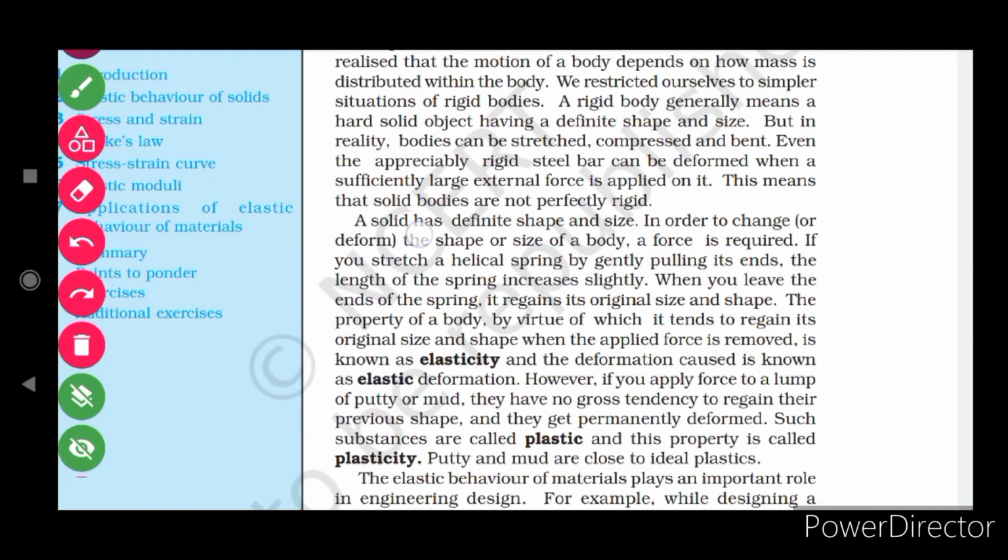Similarly, for solid bodies, not all solid bodies but certain solid bodies, when we apply deforming force to them, after the deforming force is removed, they come back to their original position. This property of a solid, by which they tend to regain their original size, is called elasticity. So the first topic that we have to understand in this chapter is elasticity.